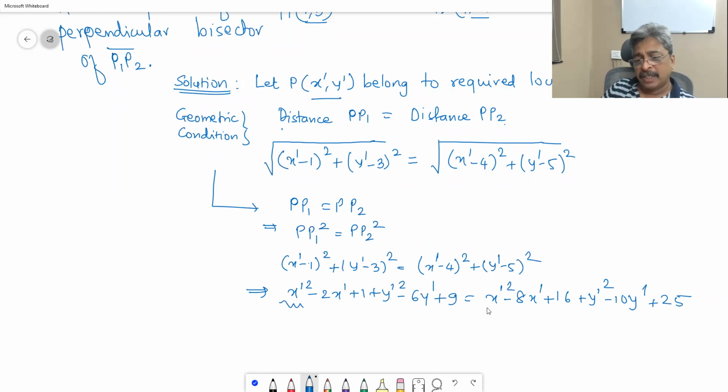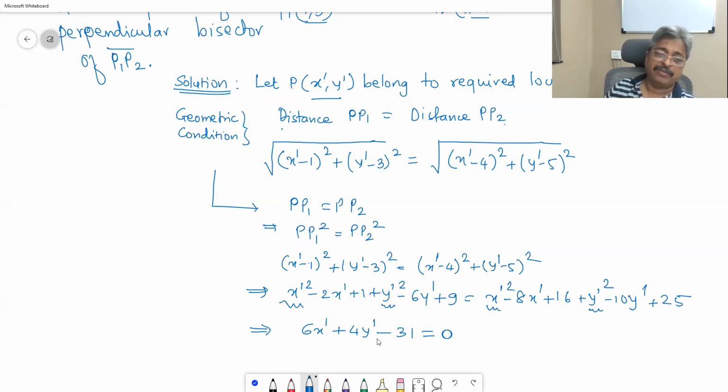Now you can observe that x dash square will get cancelled, y dash square will get cancelled, and therefore it remains a linear equation in x and y. So if you bring this, 6x dash plus 4y dash, this is 10 in LHS, and 41 in RHS. So maybe you can bring it on one side. It's equal to 0. This is the simplest algebraic form that you have got from these calculations.